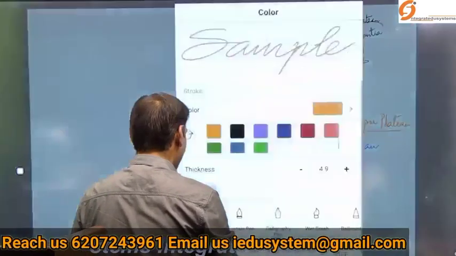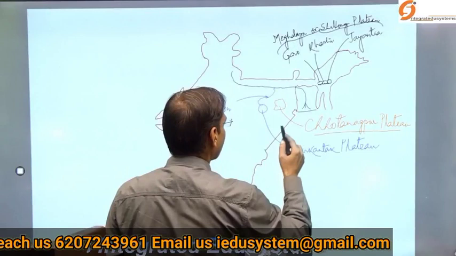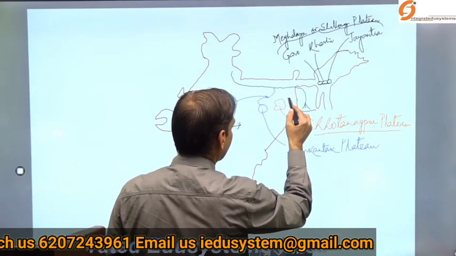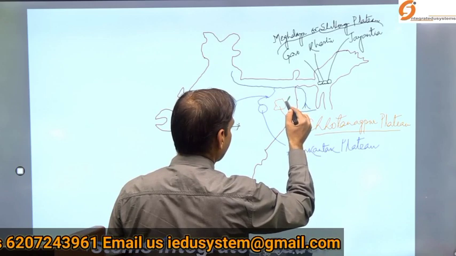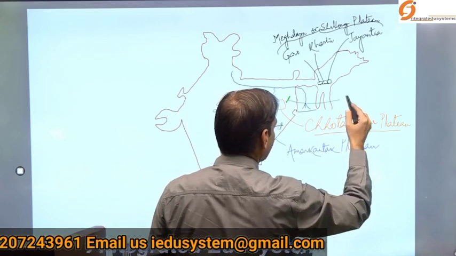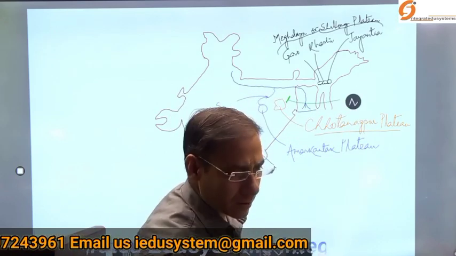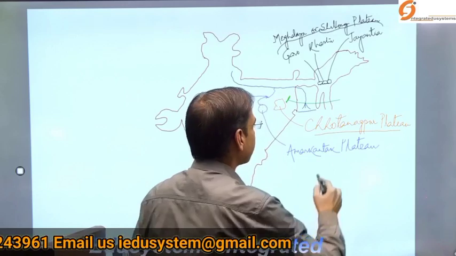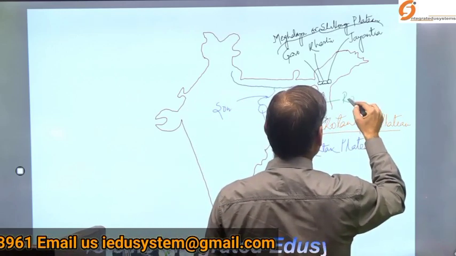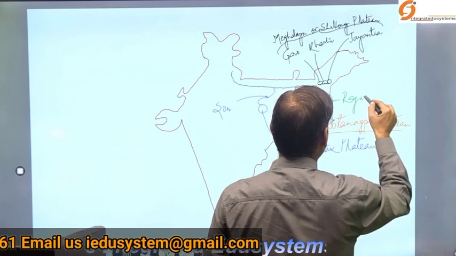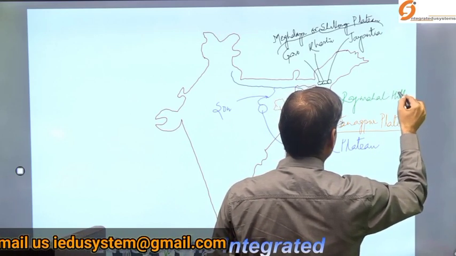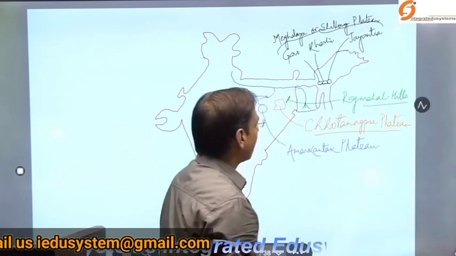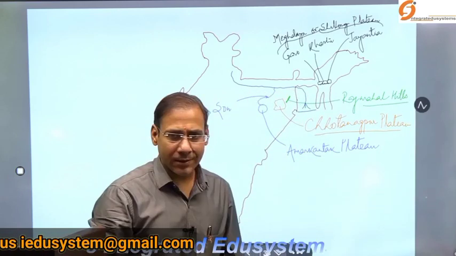The eastern border of this is here made by the Rajmahal Hills. Rajmahal Hills.